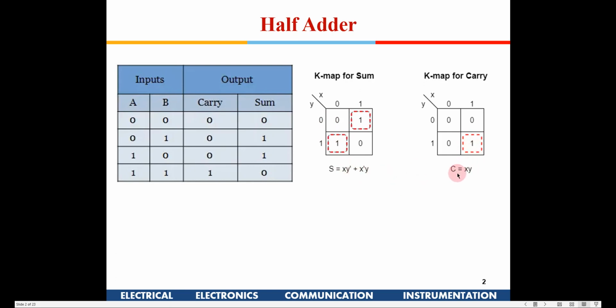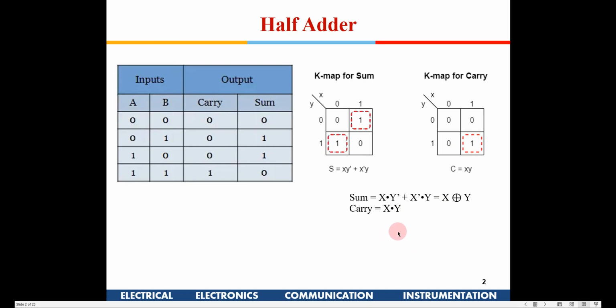If I have to implement these two in hardware, I can write sum is equal to, because they cannot be paired, they are not adjacent, so I need to write separate expressions, x y bar plus x bar y, which can be further simplified and written as x XOR y, right? And carry is a simple AND operation of x and y.